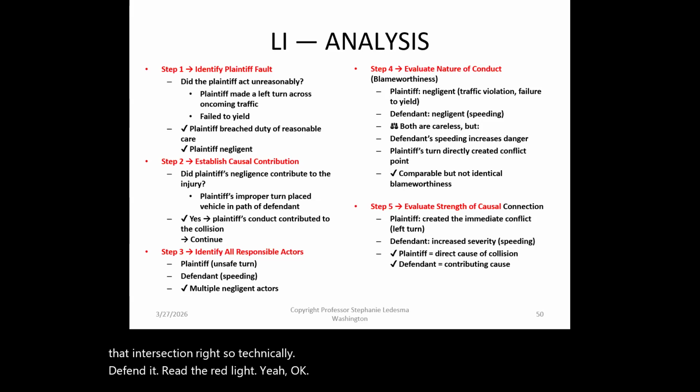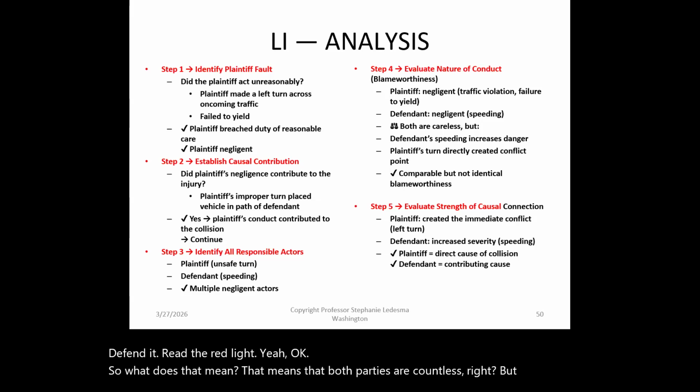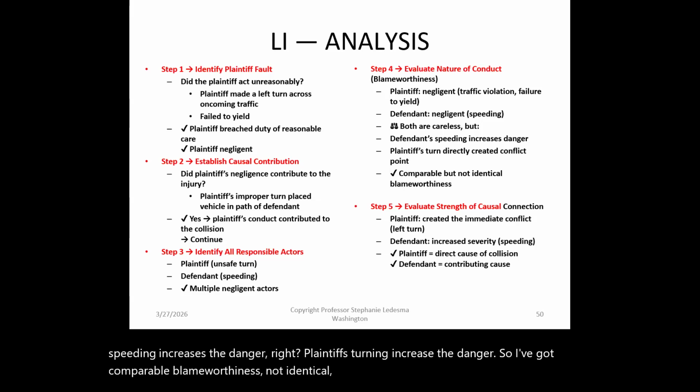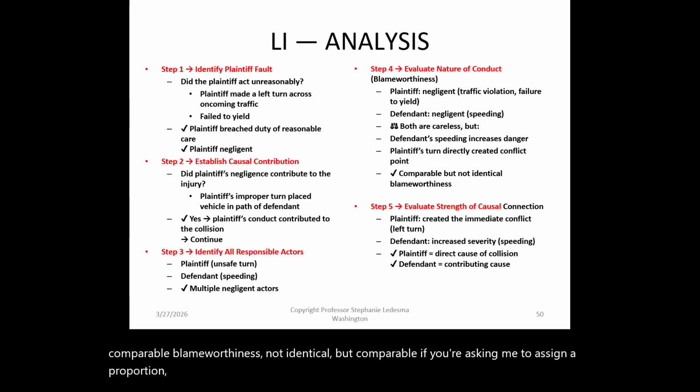That means that both parties are careless. But the defendant's speeding increases the danger, and the plaintiff's turning increases the danger. So I've got comparable blameworthiness, not identical, but comparable. If you're asking me to assign a proportion right now in step 4, I'm going to say that the defendant is more liable than the plaintiff.